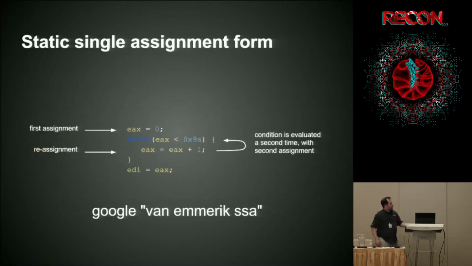And then static single assignment gets really complex, for example, with loops. So you see here, there's EAX. It's used as part of the condition of a loop, and then it gets redefined, but since it's a loop, the second time the condition is evaluated, there's a new EAX. So how do you index that?